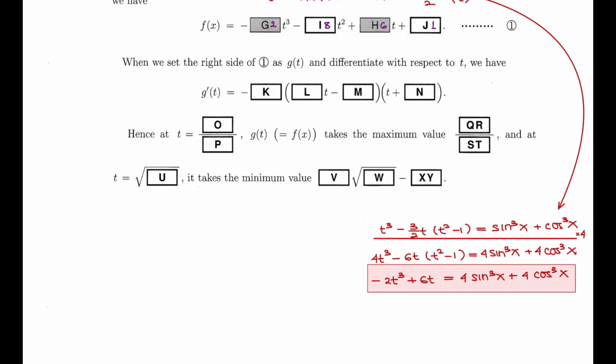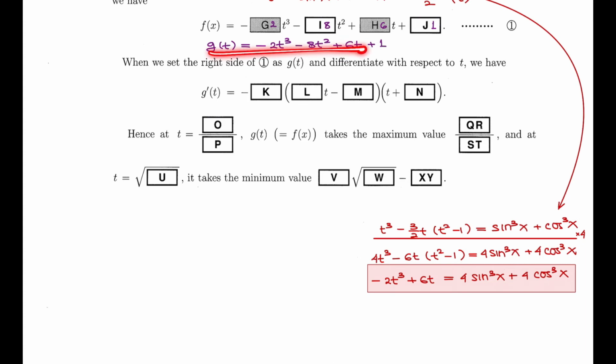Next, this is equation 1. When we set the right hand side of equation 1 as g of t, we can write g of t equals negative 2t cubed minus 8t squared plus 6t plus 1.